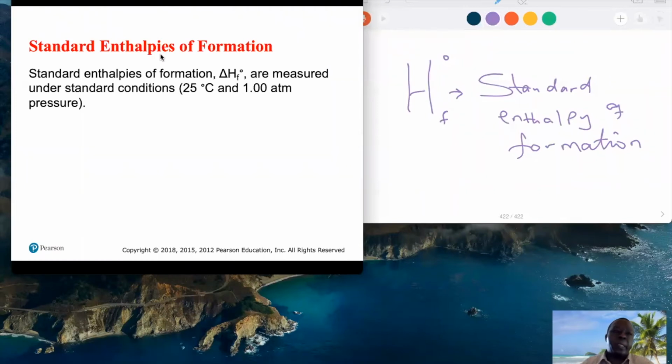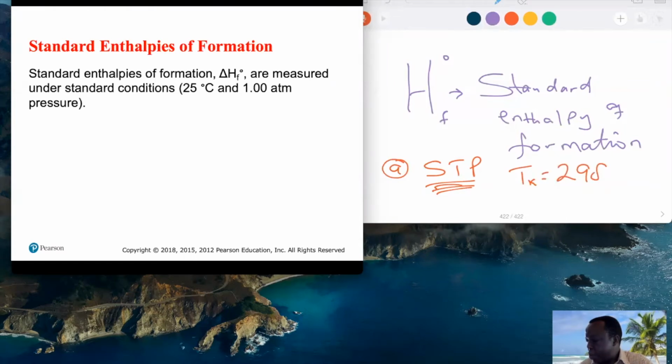When we say standard, at standard state, maybe recall, it's going to come back again. Standard temperature and pressure: temperature in Kelvin 298.15 K, molarity 1.00 molar, and of course the pressure is 1 atmosphere.